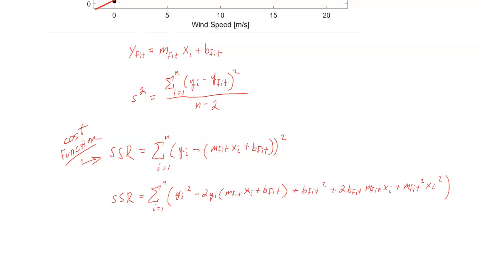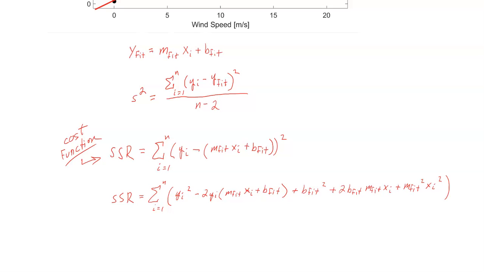So what happens when we do that? Well, which derivative? We have two quantities that we need to minimize. So we're going to take the partial derivative with respect to each of the quantities that we want to minimize our cost function with respect to. So we want to minimize the cost function simultaneously with respect to the slope and the y-intercept, because if we choose the wrong y-intercept, there's going to be a slope that minimizes the function for that y-intercept.